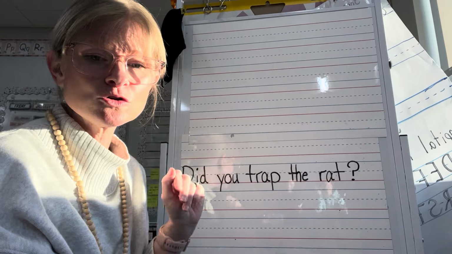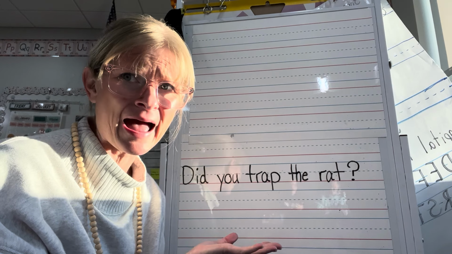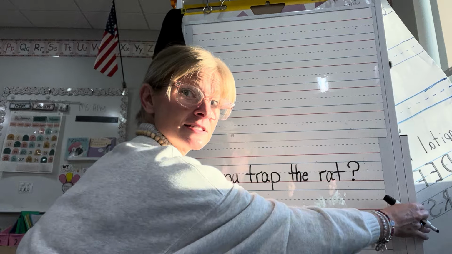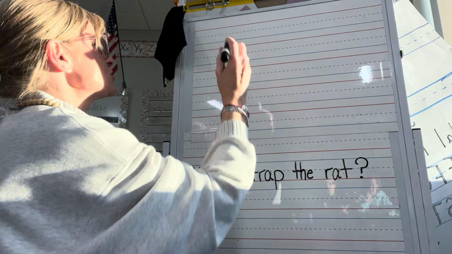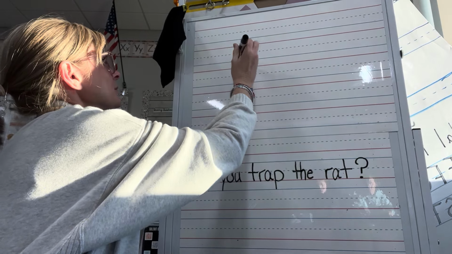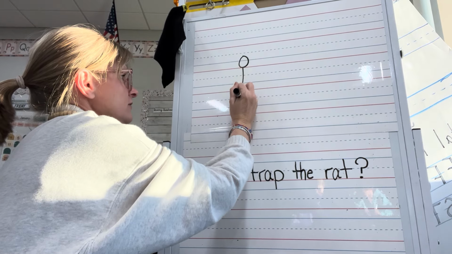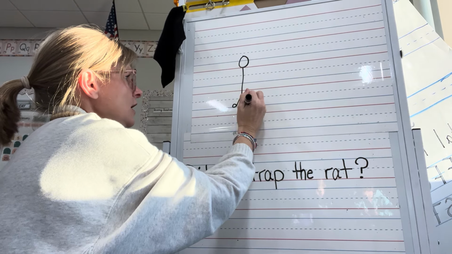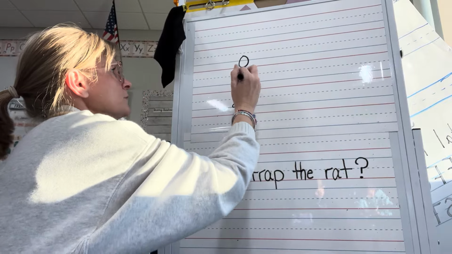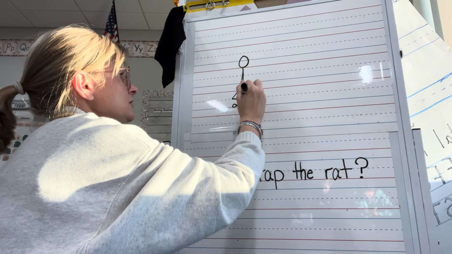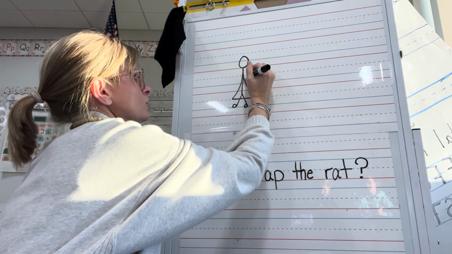Okay, now let's go draw our picture to go with, did you trap the rat? I don't know about you, but that's not something I want to do. So I'm going to start up here. I'm going to draw a circle for the head, draw a body, give a leg with a bubble foot, another leg with a bubble foot. I'm going to do a dress today and have 2 girls.